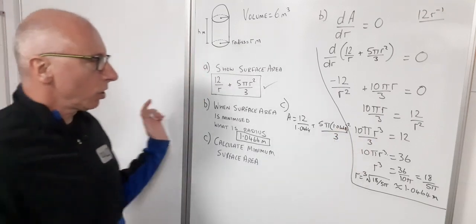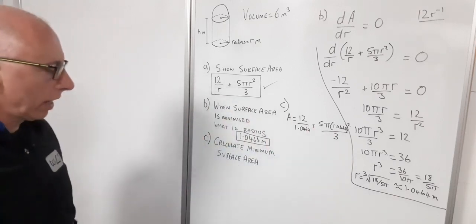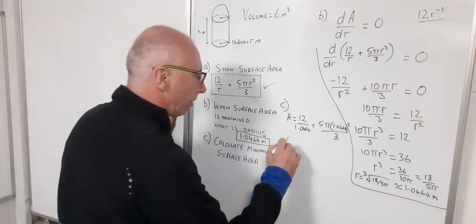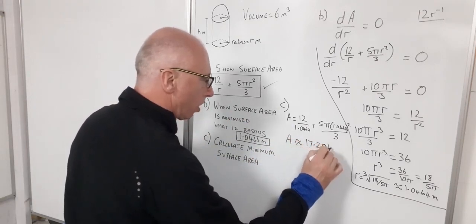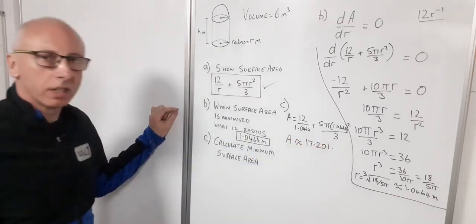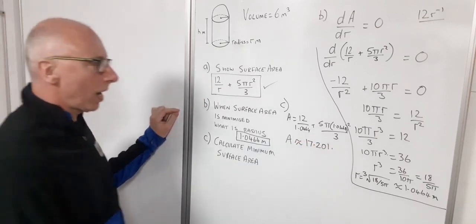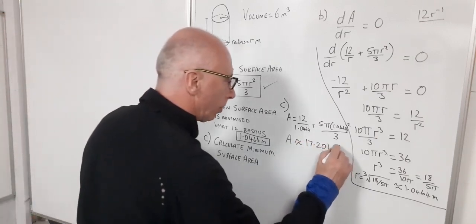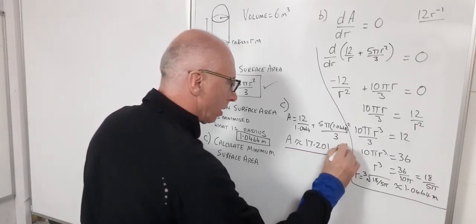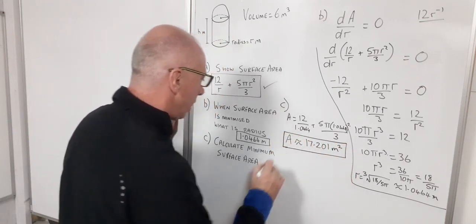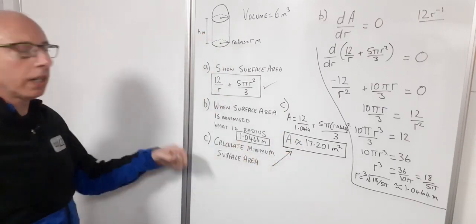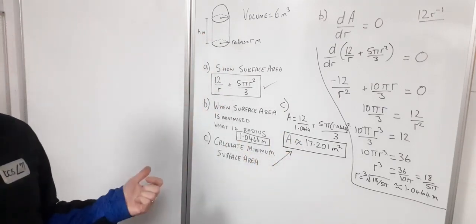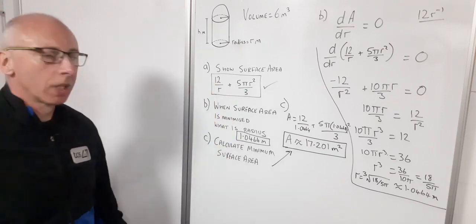Okay, right, we can just plug all that into the calculator and we'll get area is approximately 17.201, and because it's area, it's in meters squared. So always remember to put our units. Okay, so that's our answer to part C. That's our answer to part B, and we proved part A in the previous board before we rubbed out.